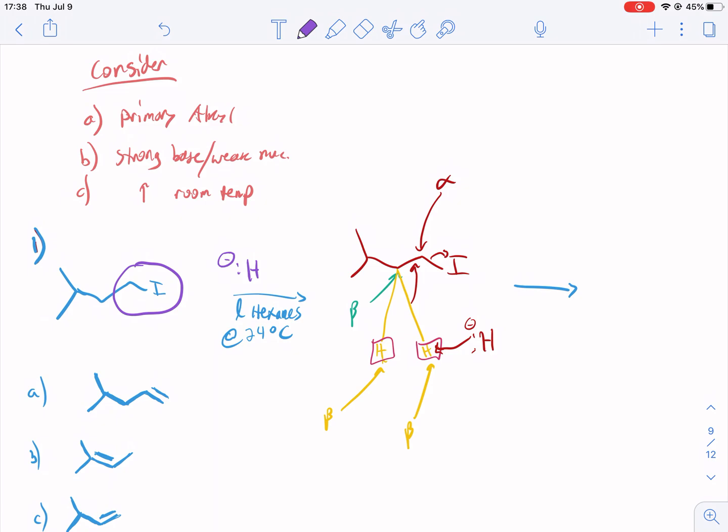So if it doesn't have two, you could say it's fairly unhappy, and if it's unhappy, it wants a partner. So it prioritizes getting a partner over attacking something. A hydride's just not going to want to attack, so hydride's actually going to be a good base.